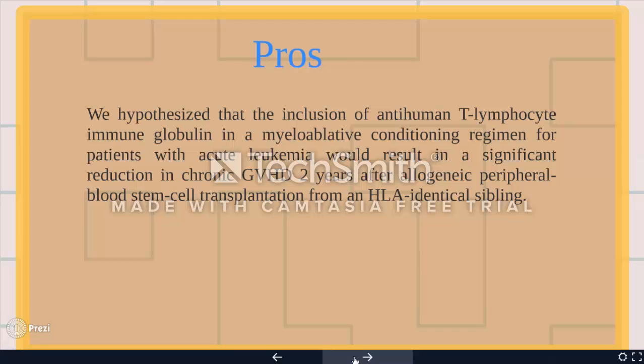Pros: we hypothesize that the inclusion of anti-human T lymphocyte immunoglobulin in a myeloablative conditioning regimen for patients with acute leukemia will result in a significant reduction in chronic GVHD 2 years after allogeneic peripheral blood stem cell transplantation from HLA identical siblings.